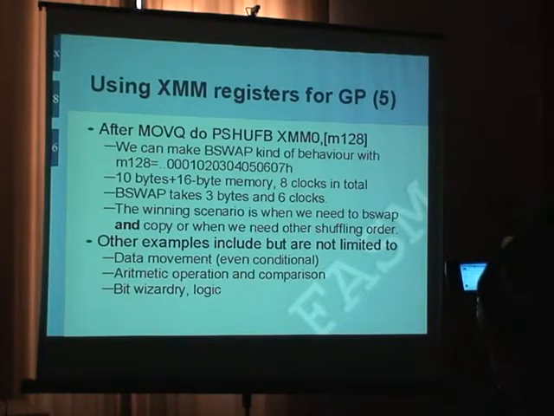Some more examples. After you do your movq, you have your general purpose register in a multimedia register, and you can do a shuffle operation. We have a byte swap operation in Intel architecture which swaps the order of bytes in your machine word, whether it's 32-bit, 64, or 16-bit, whatever.